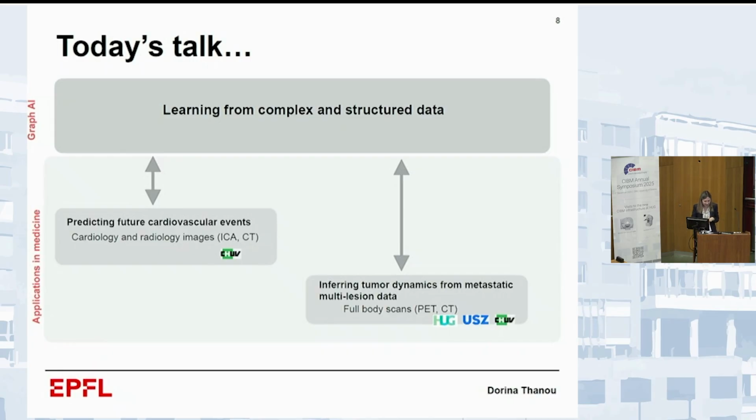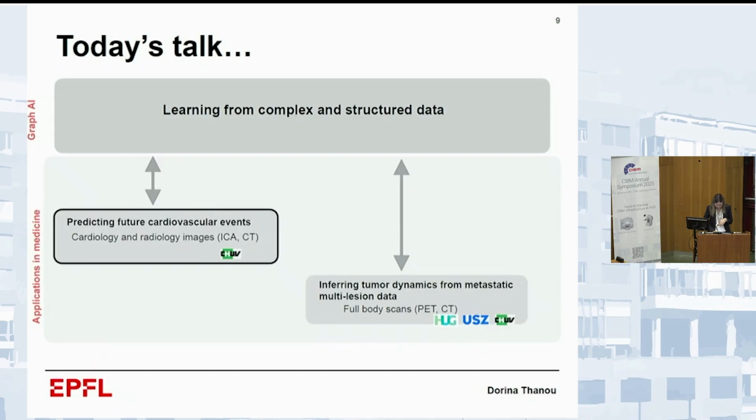And the second one will be more on PET-CT imaging, modeling metastatic lesions, and predicting response to therapy. That's another large collaboration that we have with the University Hospital of Geneva, CIBM, the University Hospital of Zurich, and the HSSO and the Swiss Data Science Center.